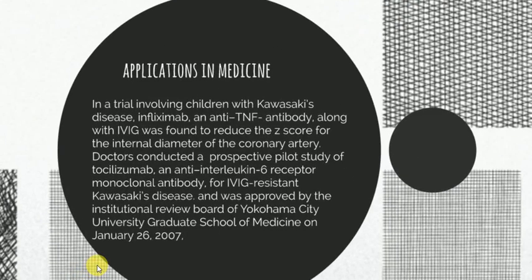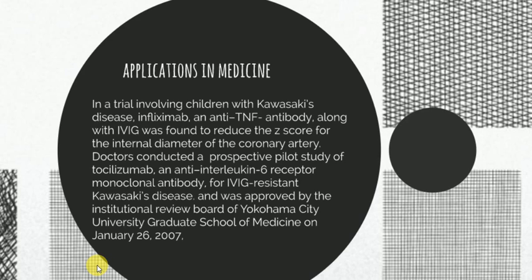Applications in medicine. In a trial involving children with Kawasaki disease, infliximab, an anti-TNF antibody, along with IVIG, was found to reduce the Z score for the internal diameter of the coronary artery.